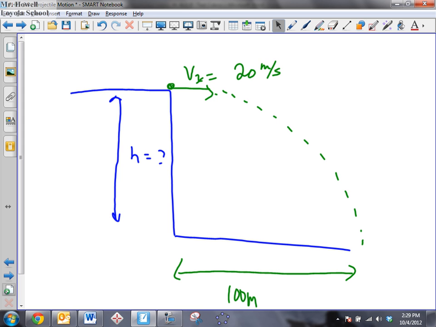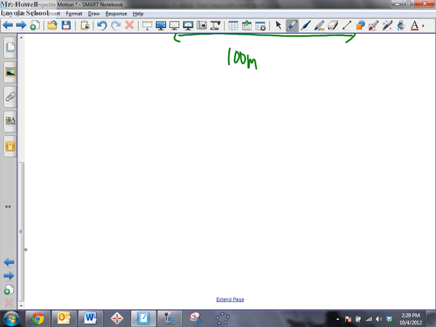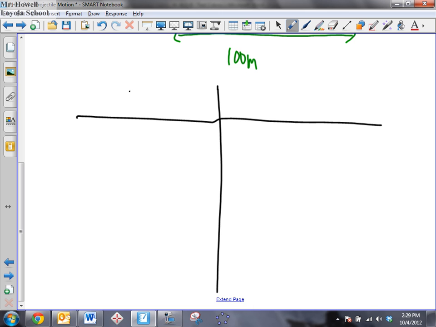Everybody have the diagram drawn? Okay, let's go into our x and y quickly. In the x direction, we're not given anything about time yet. What do I actually know in the x direction? 100 meters. Good, Gabby.